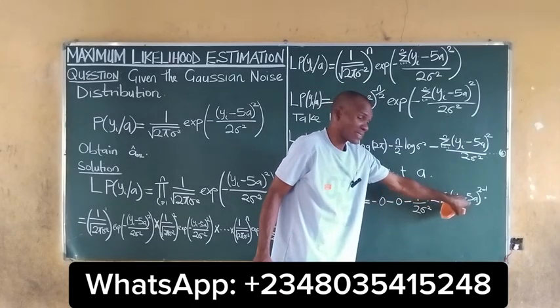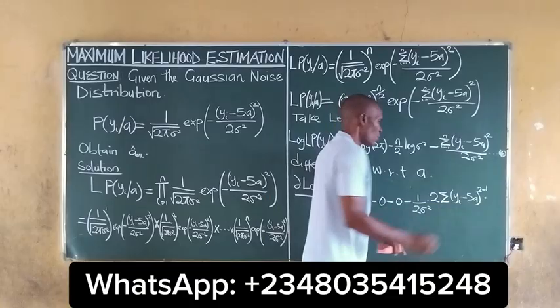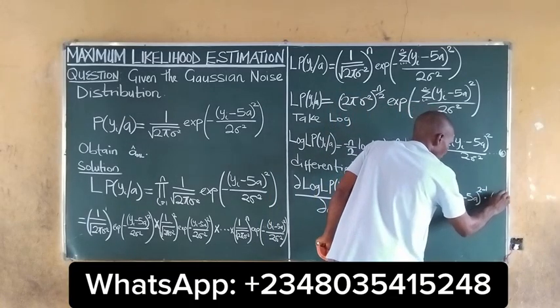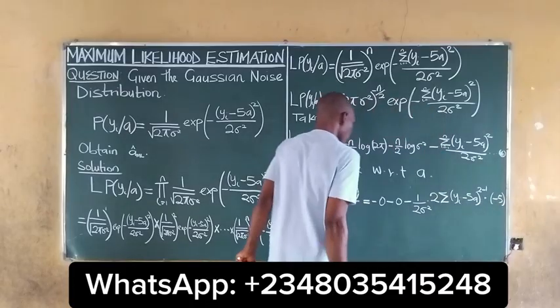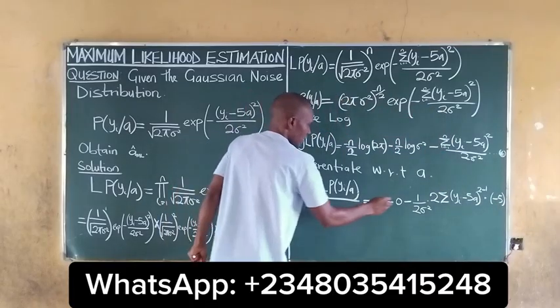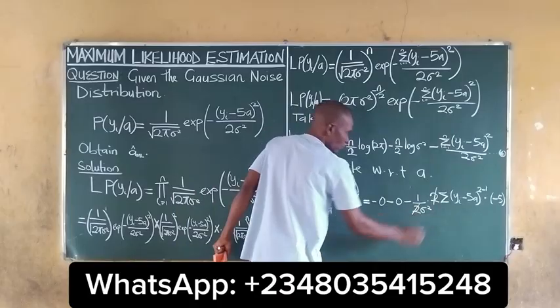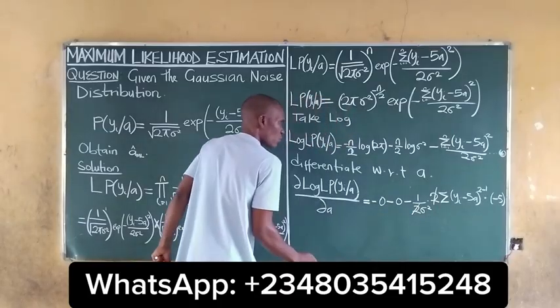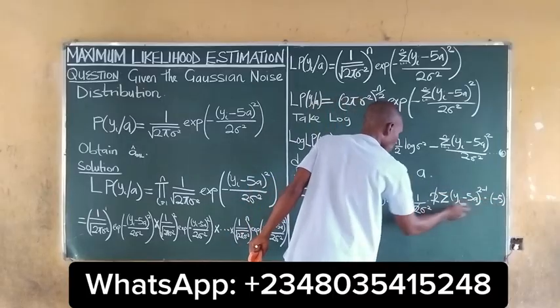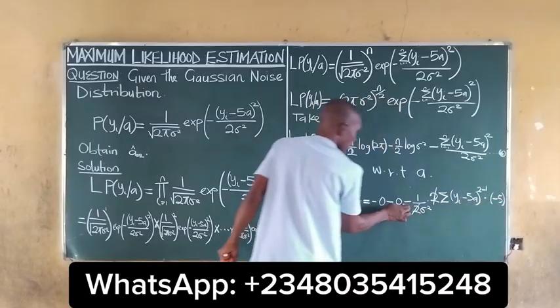we still differentiate what is inside. So if we differentiate a, we get minus 5. It then means that these two can cancel these two, and this 5 will come over here, negative 5, negative.